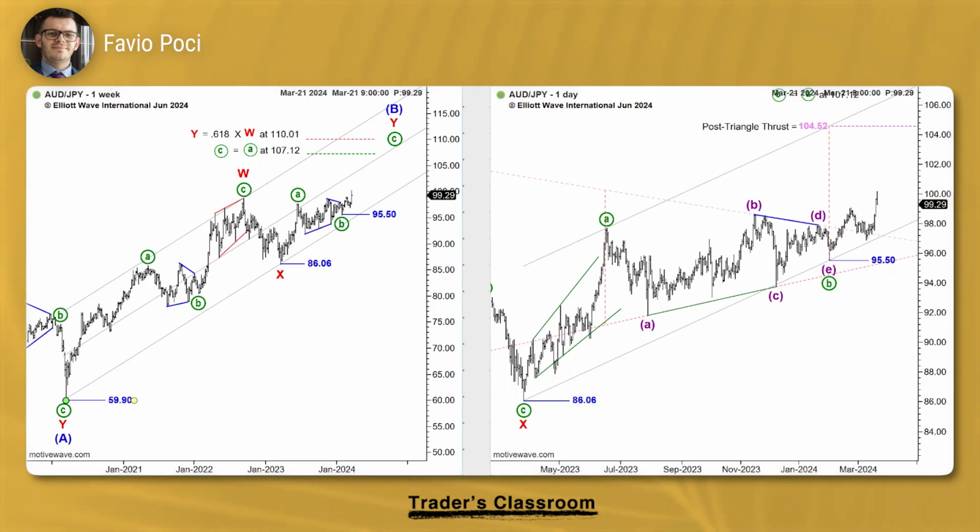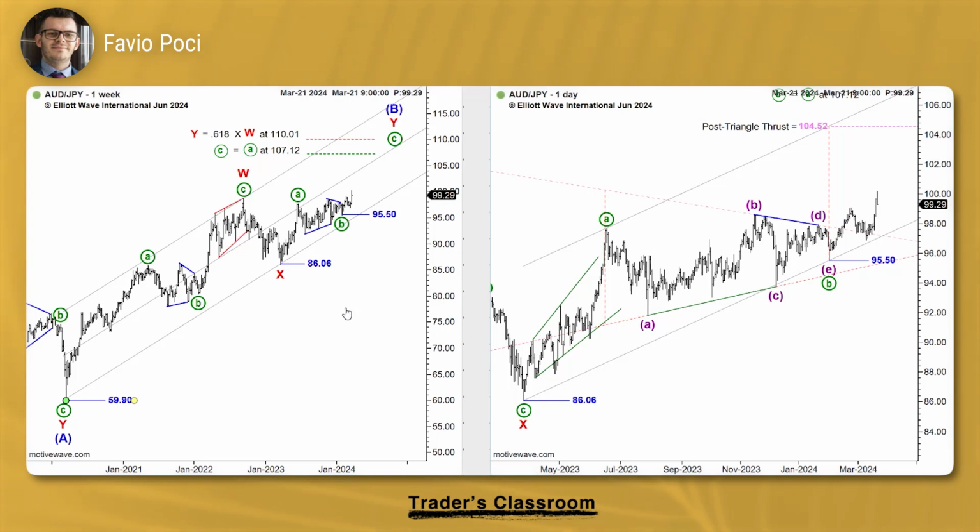Then you scale it down to weekly and the daily. I'm showing on the left-hand side the weekly time frame. Right-hand side you have the same time frame on the daily, and then we will drop it lower to the 4-hour in order to check and monitor the wave developments in real time.